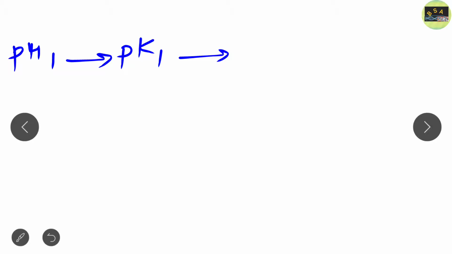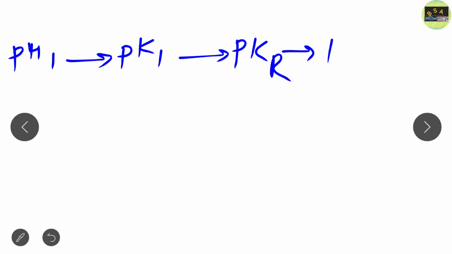As I already mentioned, the pKr value for histidine is 6. It means it is less than the pK2 value, and we know that the pK2 value is 9. So we have to put the pKr value first, as we take the example of histidine.